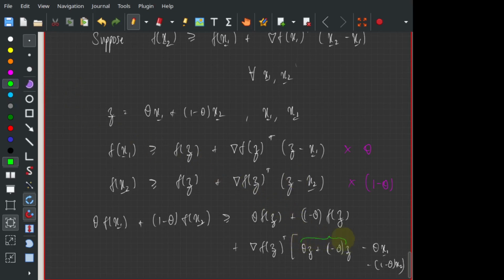This is just z minus theta x1 plus 1 minus theta x2. That's just z, right, by definition. So this is also z. So I have z minus z. So this whole quantity is 0. And here I have just f of z.